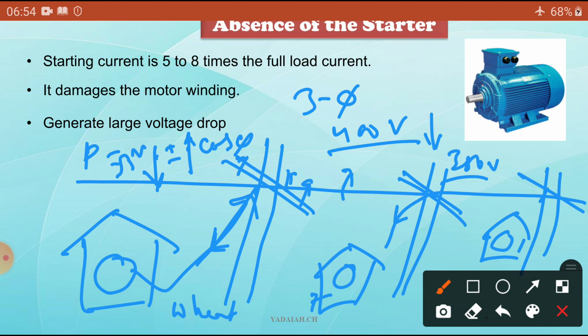I connected a 5 HP motor in my field, and this person also connected a 5 HP motor in his field. This person also connected a 10 HP motor, for example. Suppose we want to operate at a time. 1, 2, 3, start. We push the green button at a time.